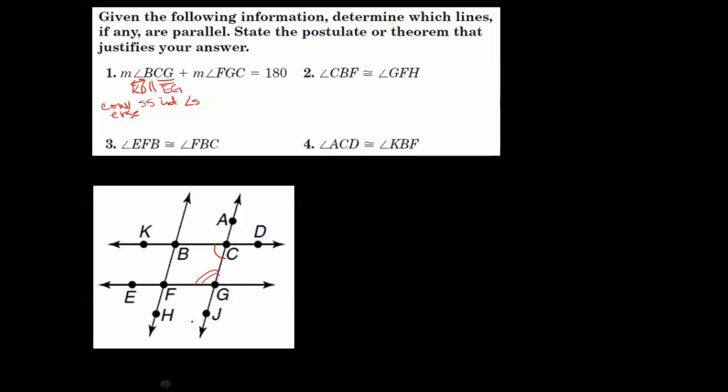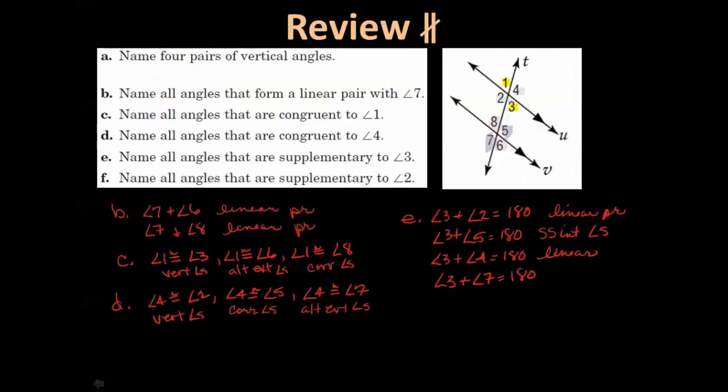Number 2 says, and I probably need to erase what I did with the 1 so it doesn't get confusing. Okay, angle CBF right here is congruent to GFH, GFH right here.